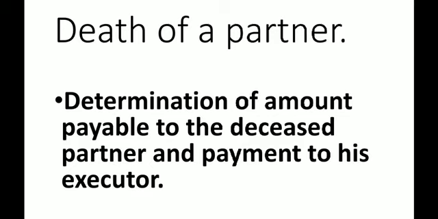Because that partner does not exist now. Obviously, because the partner has died. So the amount is now to be given to his heirs, and this procedure is carried out by the executor.